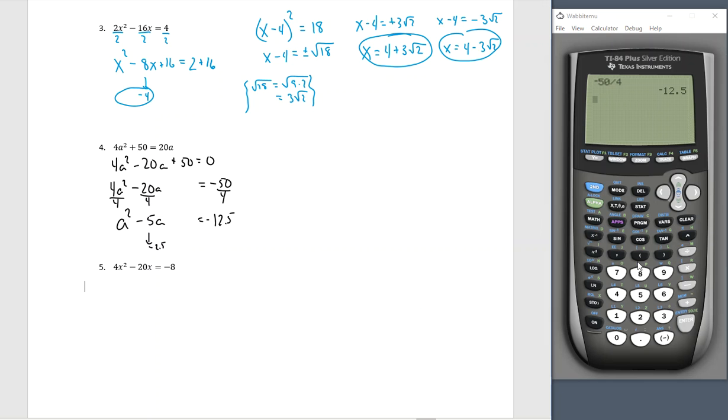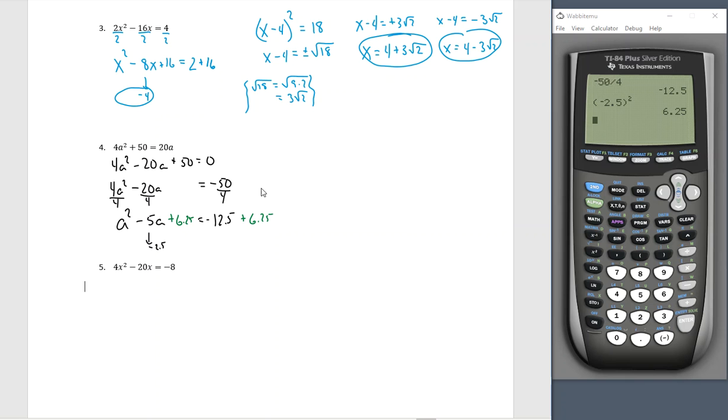And when I square negative 2.5, I'm going to use parentheses to make sure I get my sign correct. Negative 2.5 squared is 6.25. So I'm going to add 6.25 to both sides.